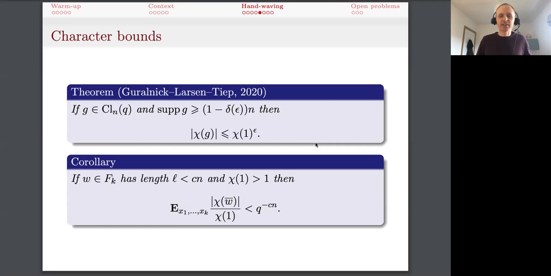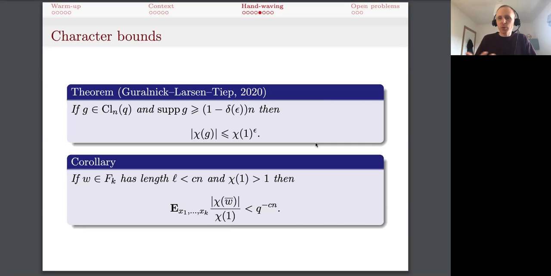And what it states is that if you have a classical group and you have an irreducible character of that classical group, and you evaluate that character on some element which has degree at least (1 minus delta) times n, then the value of the character is bounded by the degree to the epsilon, where delta depends only on epsilon.